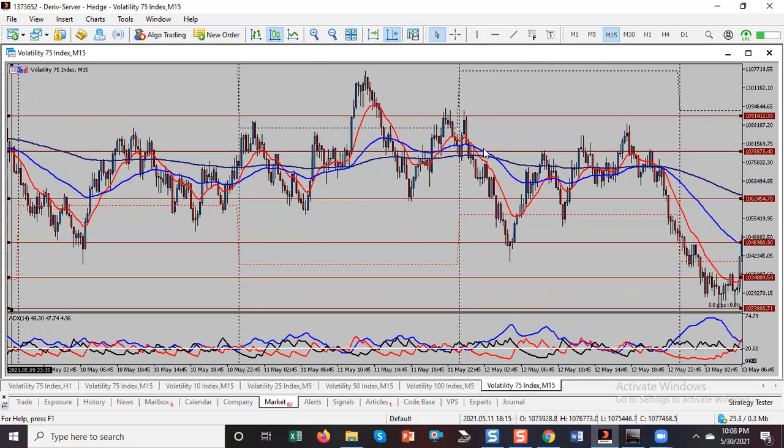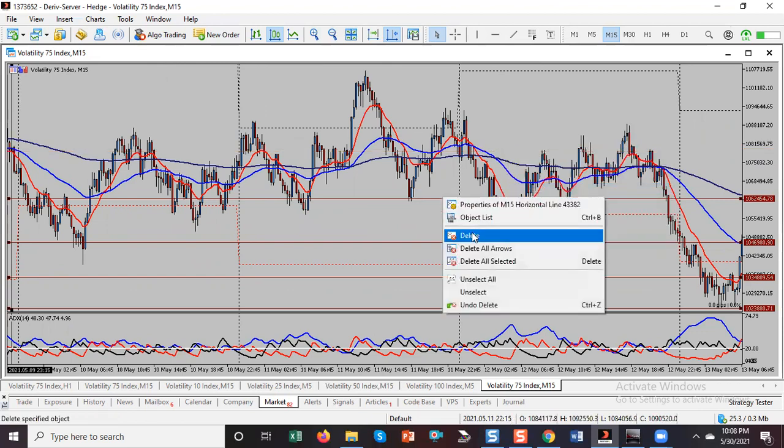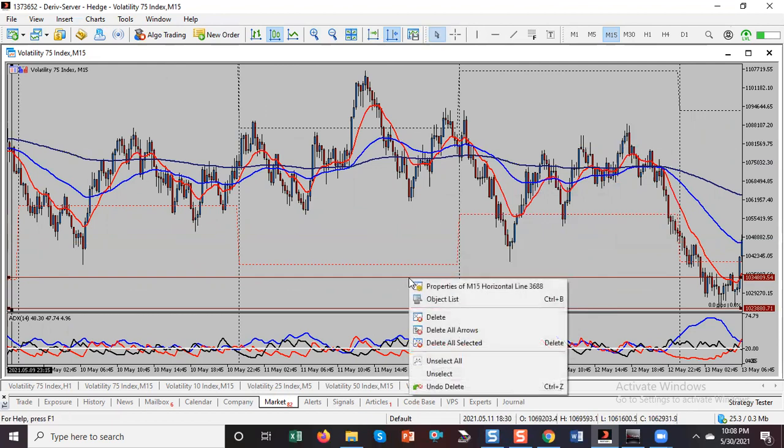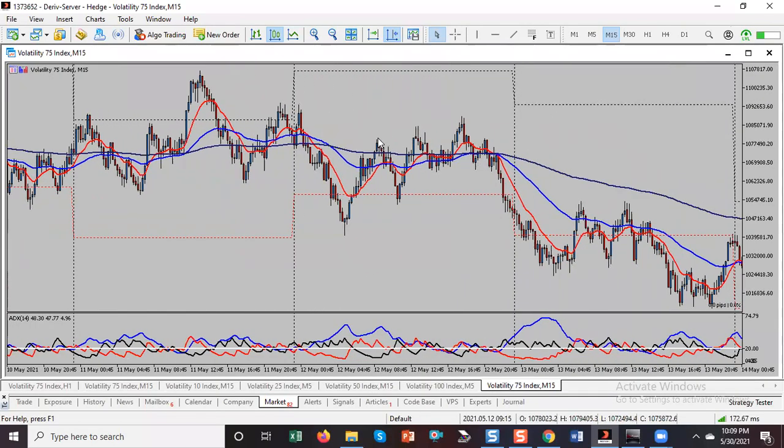Let's look for more. I think I should remove these lines. Okay, let's look for more. So here the 13 cross above the 50, so we ignore all of this.